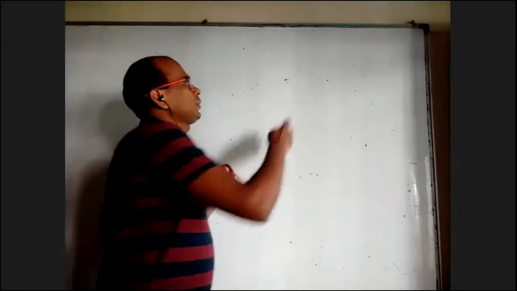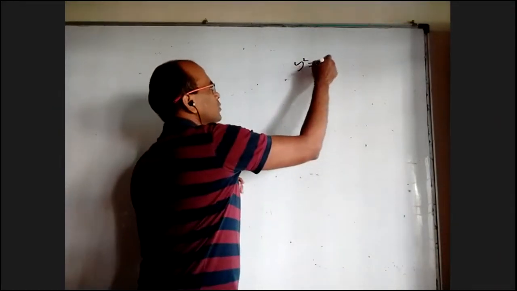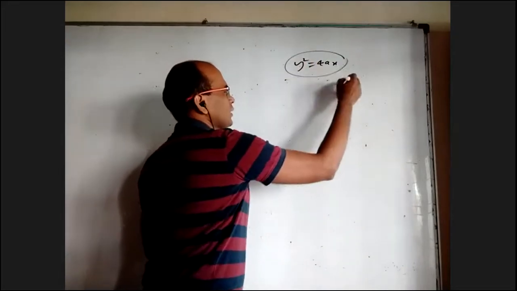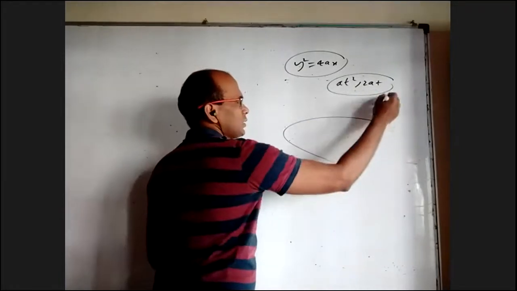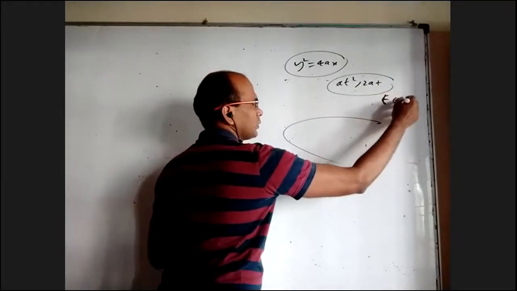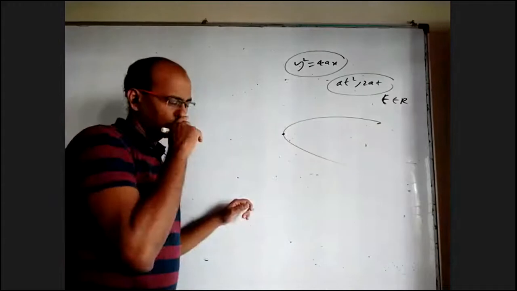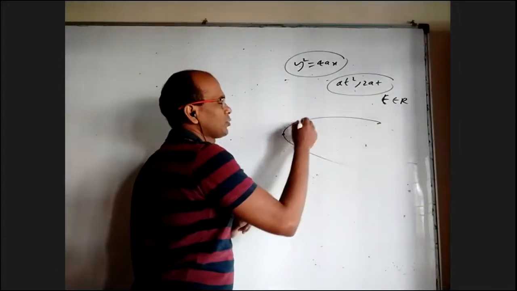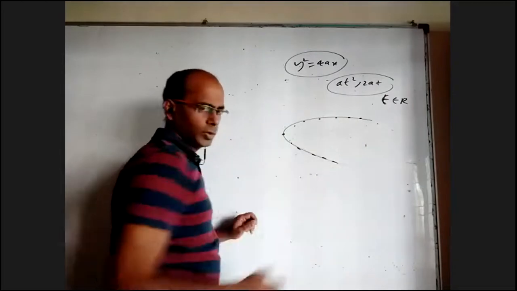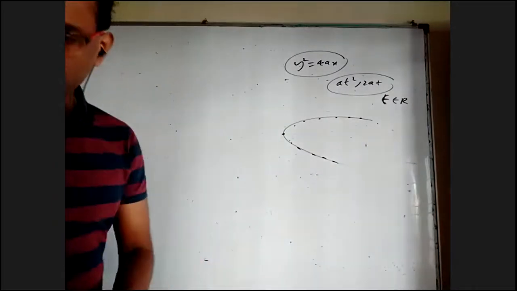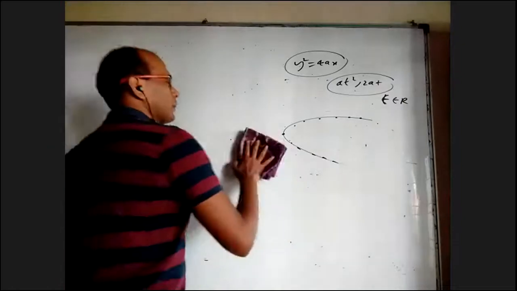Okay, so yesterday we discussed the general point on the parabola y² = 4ax, which is (at², 2at), where t is a real number parameter. When t is 0 it is here, when t is 1, 2, 3, 4, any positive value, it covers all these points, and negative t covers all these points, so it covers every point on the parabola (at², 2at).